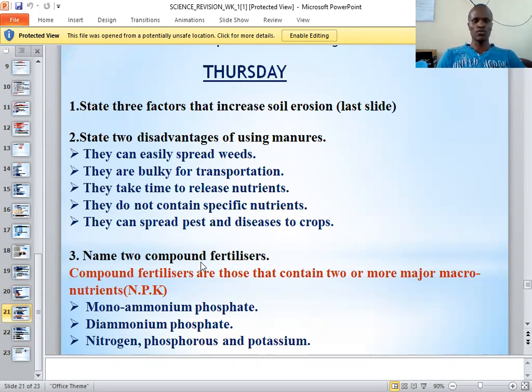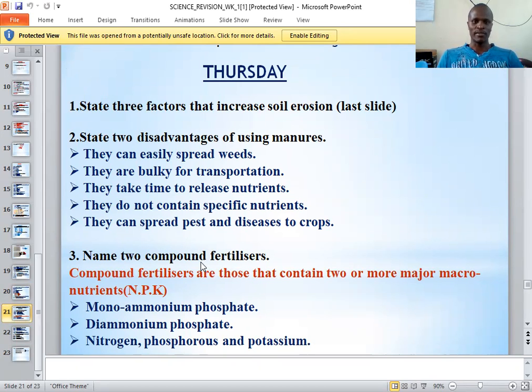Let's look at question 2. State 2 disadvantages of using manure. These are now the organic manure that you make at home, like green manure, compost manure, organic mulches, and maybe farmyard. What are the disadvantages? Number one, when you use this organic manure, they can spread weeds very easily.